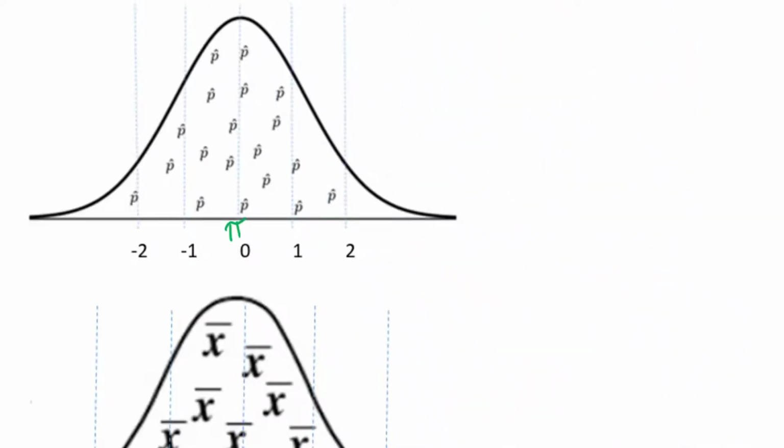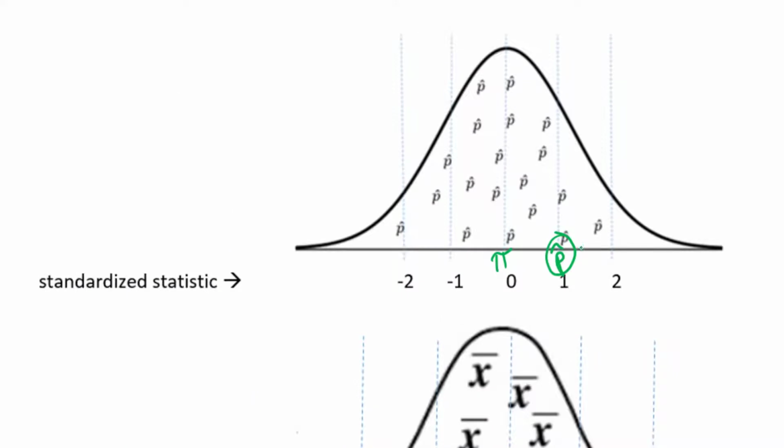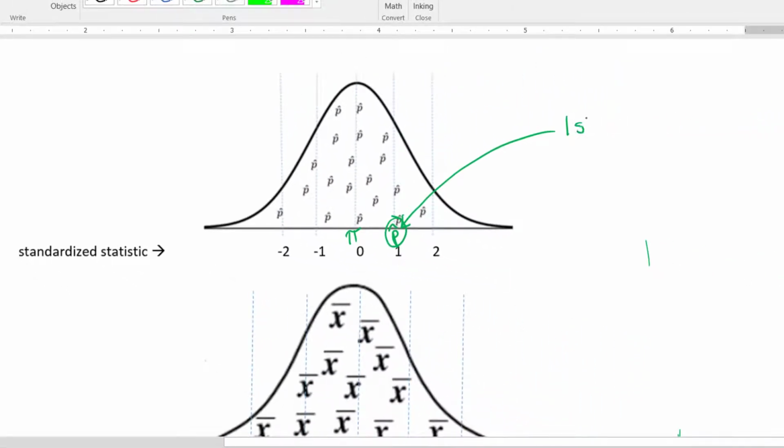Let's say your observed statistic was right here, that was yours. And I were to ask you, how many standard deviations away from the mean is it? Well, you could say it's 1 because it's right on the vertical line. So if that is your observed statistic, you could say it is 1 standard deviation above the mean.